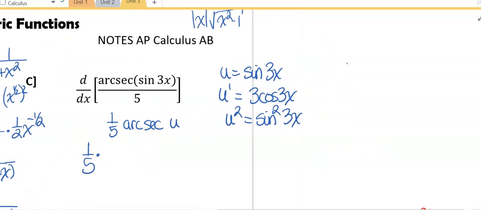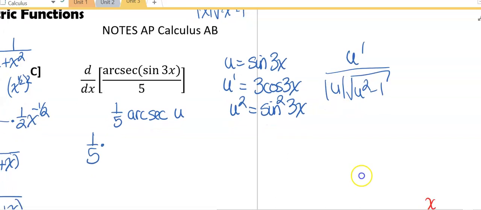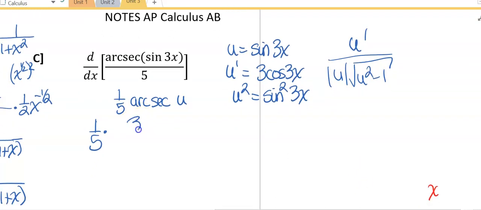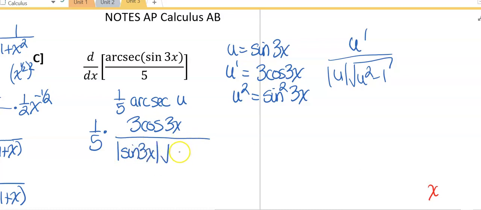If I follow u prime over the absolute value of u times the square root of u squared minus 1, it's kind of easier to put everything together. u prime becomes 3 cosine 3x over the absolute value of sine of 3x, times the square root of sine squared 3x minus 1. Depending on if it's a multiple choice answer or free response: if it's free response we can stop there, if it's multiple choice we might need to go a little bit further.